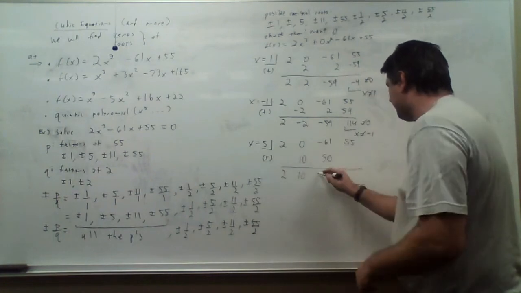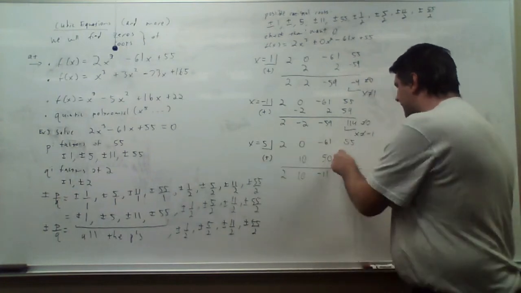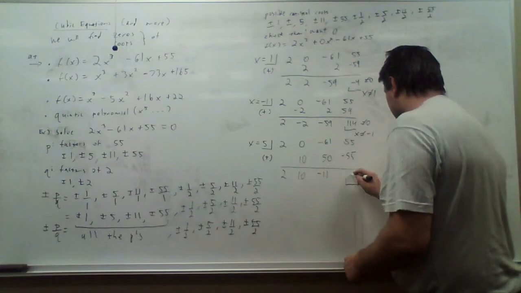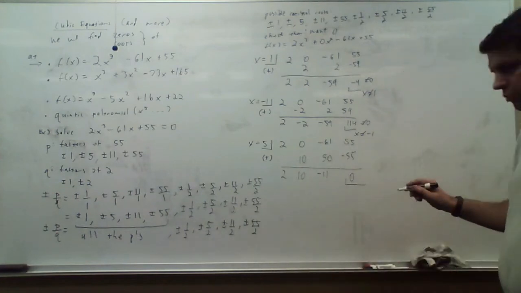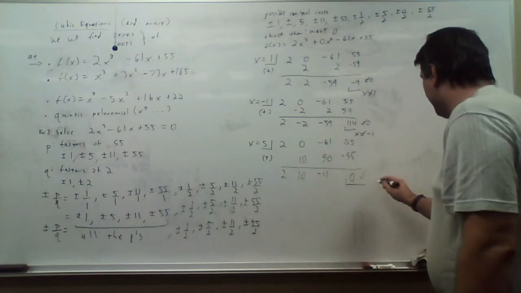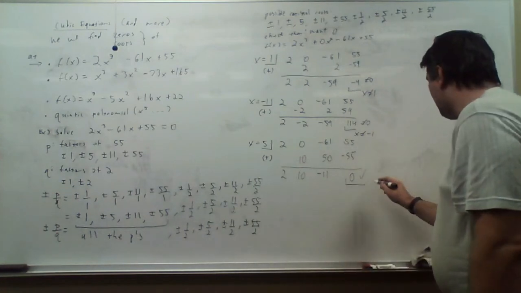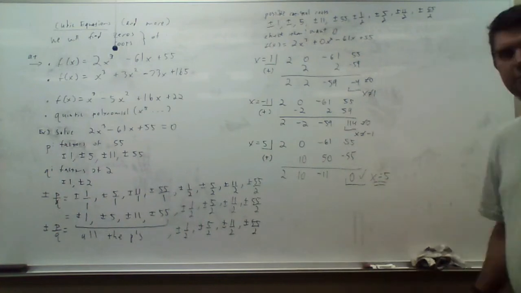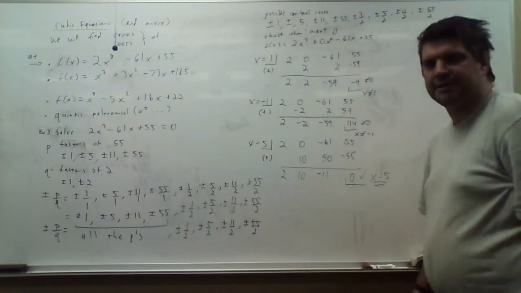Add them up, you get negative 11. 5 times negative 11 is negative 55. That's 0. That's what you want. So that means that x equals 5.